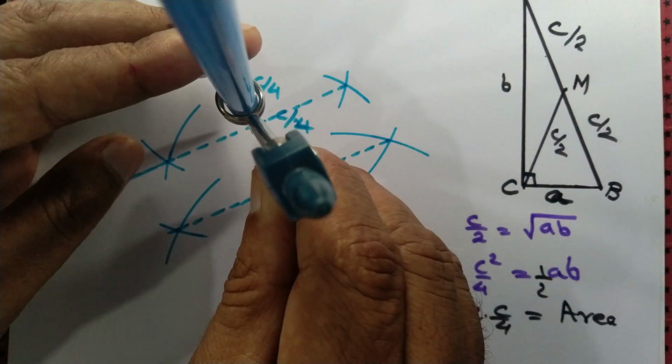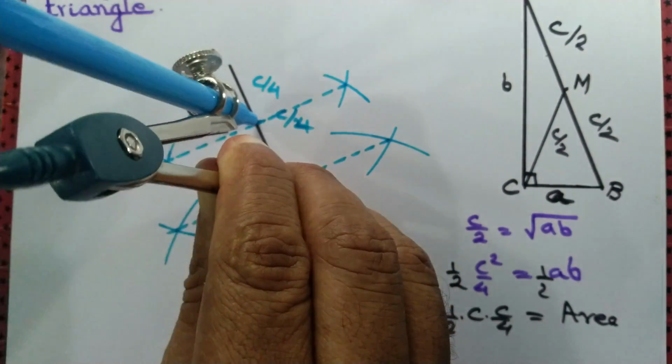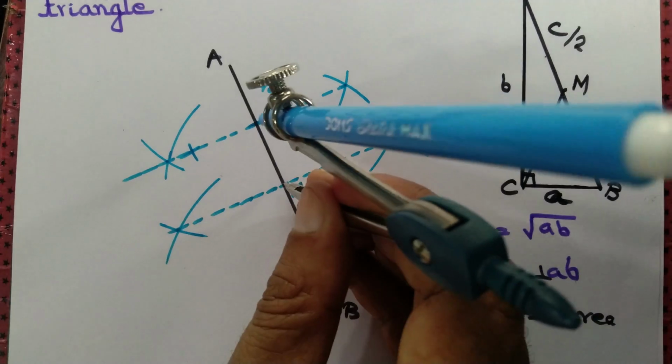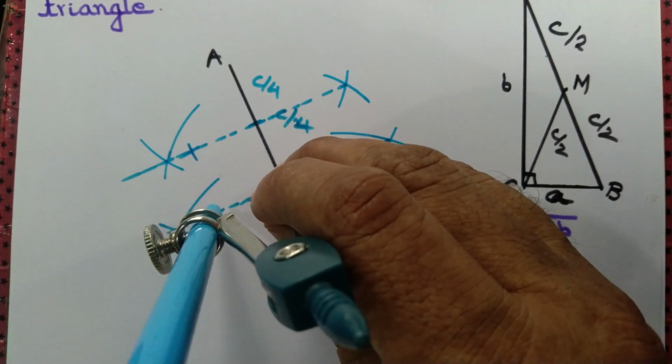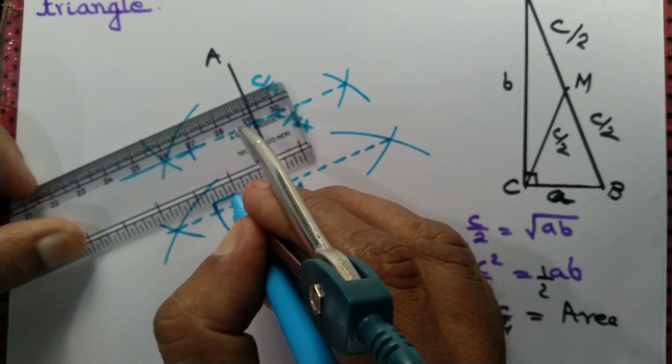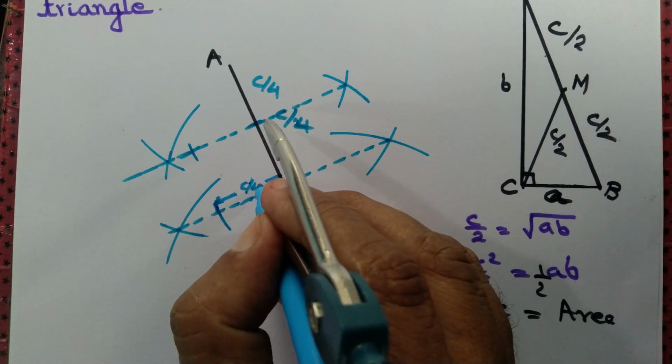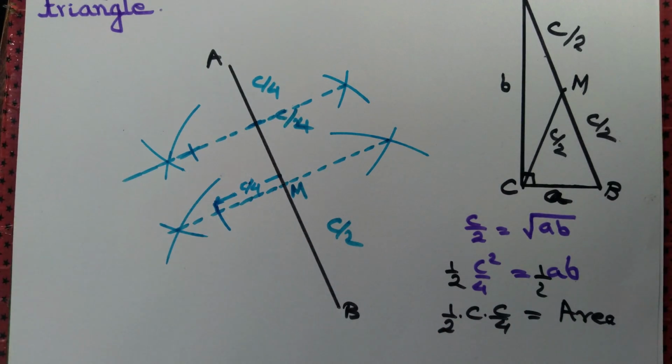We want to copy and paste half of AM. We did copy and we did paste it. Once again, we did copy and we did paste. So this has the effect of obtaining C by 4 unit as a perpendicular.